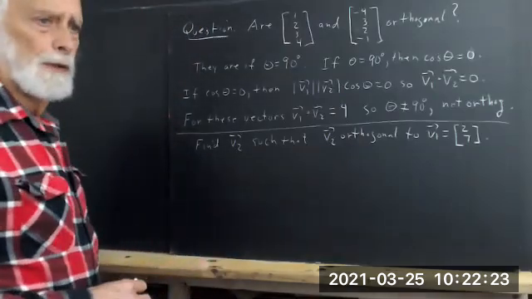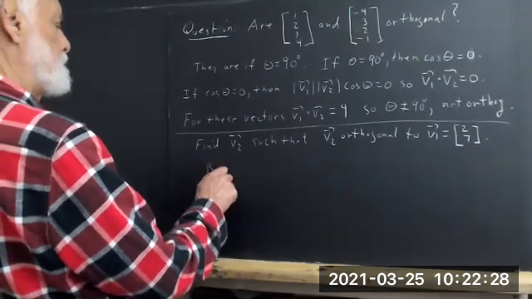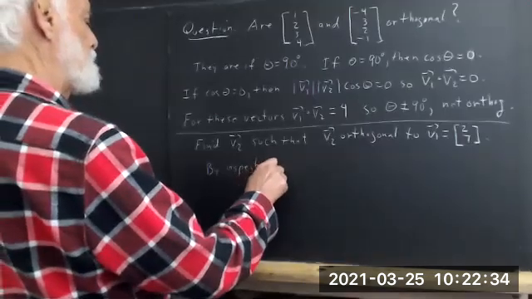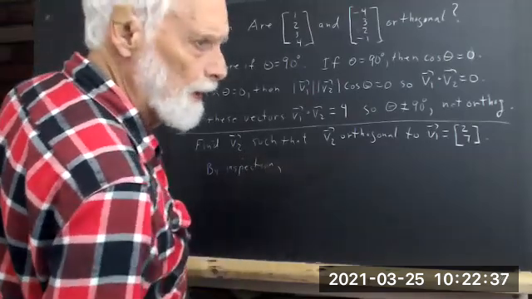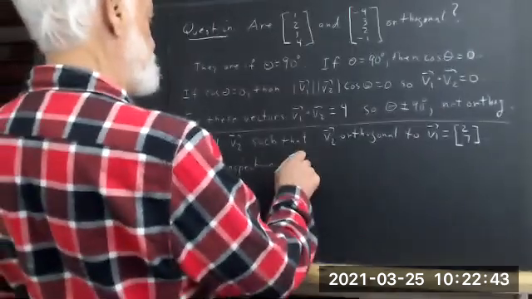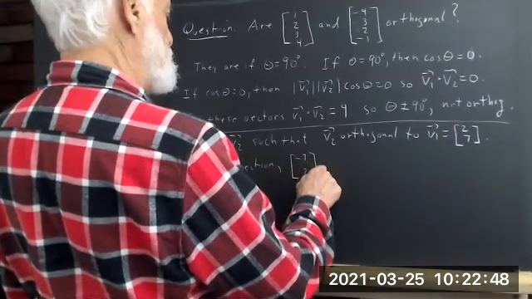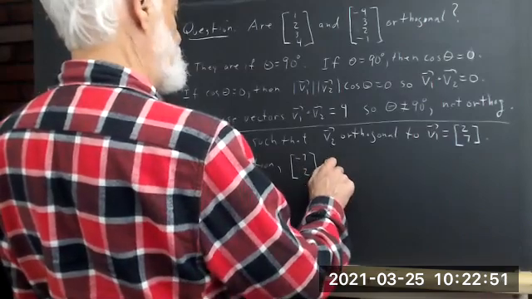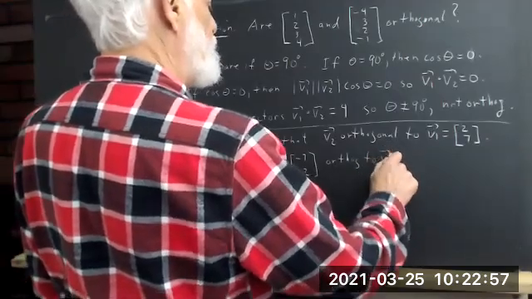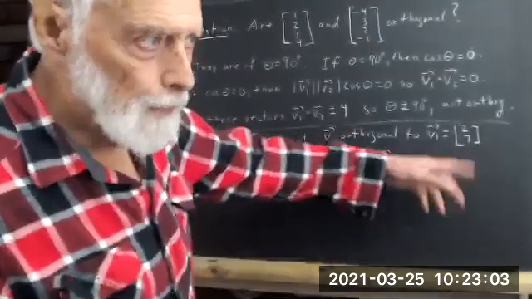Well, there's 2 ways to do this, okay? By inspection, that just means you look at it and see what it ought to be. This vector dotted with this vector is going to give you 0.